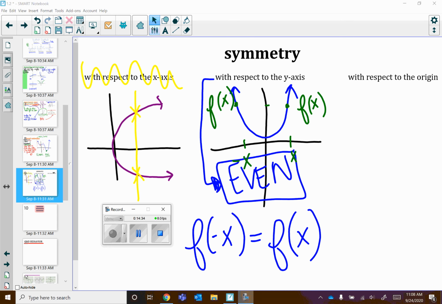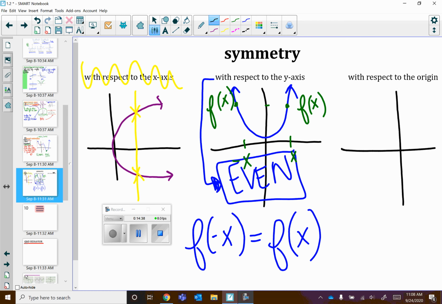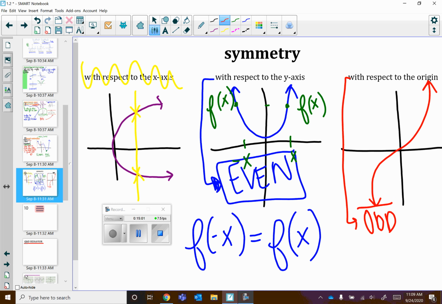Another type of symmetry is symmetry with respect to the origin. One graph might look like this. With symmetric to the origin, we are basically flipping it twice, and I'll try and go through this in class again because it's kind of hard for me to show you without my hands. But if it's symmetric with respect to the origin, we call it an odd function.